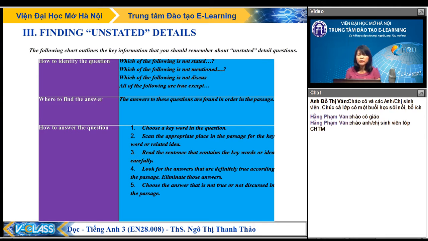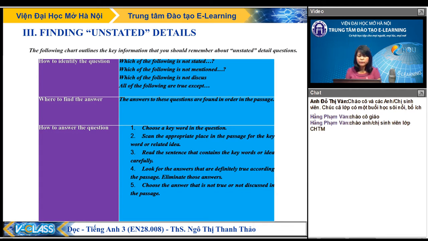You can find the answer to this question. First one, I would like you to read the question and find the keywords in the question. What are the keywords? The keywords here are often nouns, verbs, adjectives, adverbs. Alright, they are key. Second one, scan the appropriate place in the passage for the keyword or for the related idea.